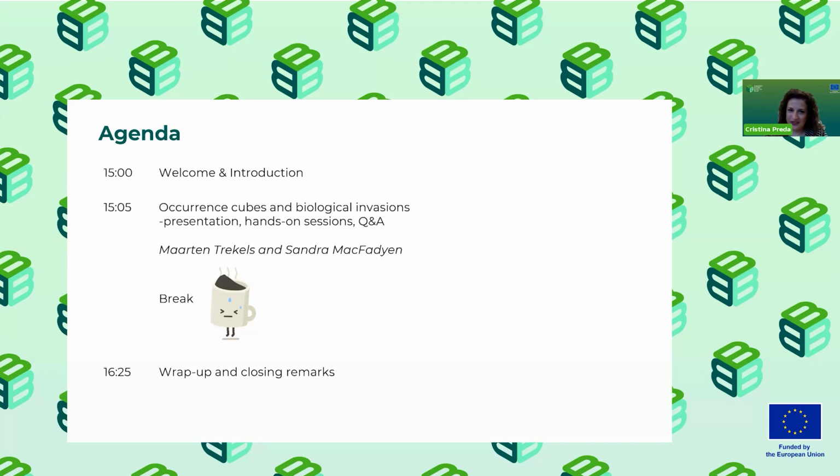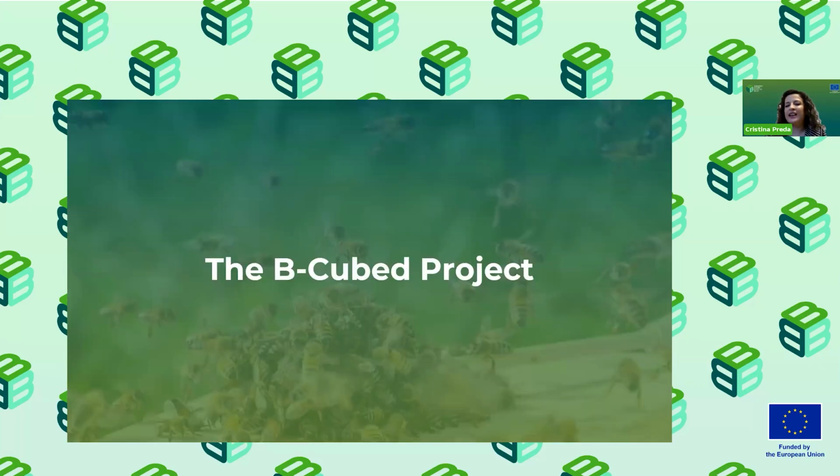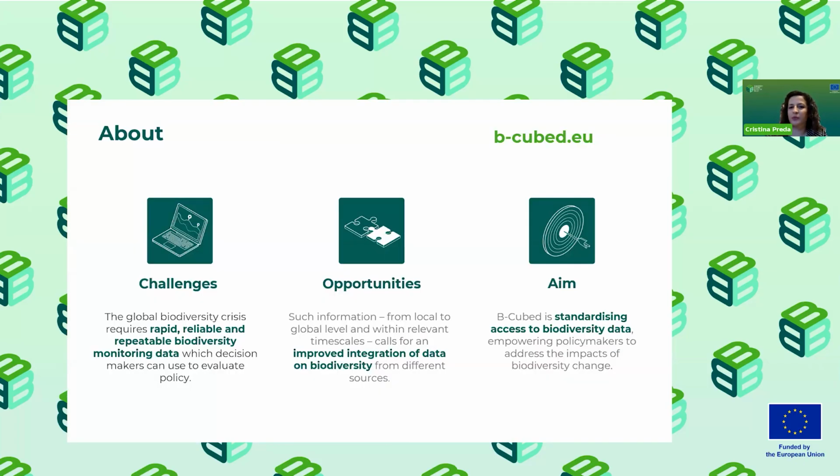In case this is your first time joining us, please allow me to take a couple of minutes just to introduce the b-cubed project funded by the Horizon Europe Research and Innovation Program. The training series is organized in the framework of this b-cubed project, which is aiming at improving the integration of data on biodiversity and also at standardizing access to biodiversity data.